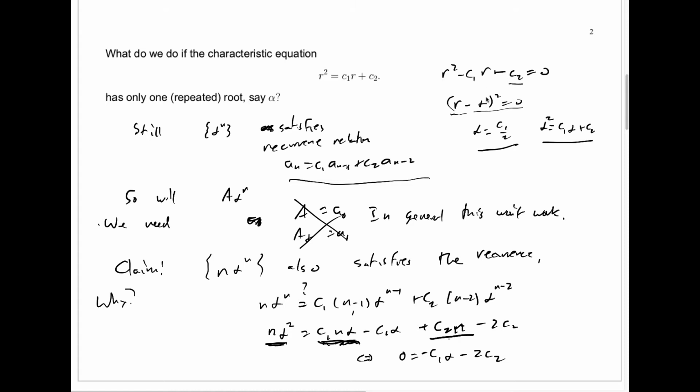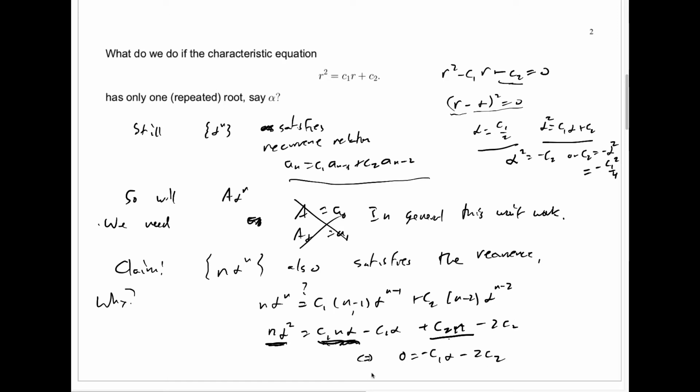And when we expand this, the constant term here will be alpha squared, and that will have to be minus c2. So I'll write that in here. Alpha squared must be minus c2. In other words, c2 has to be minus alpha squared, and minus alpha squared is minus c1 squared over 4.